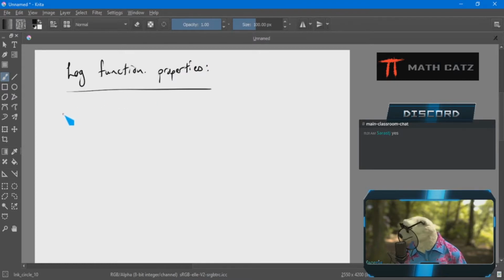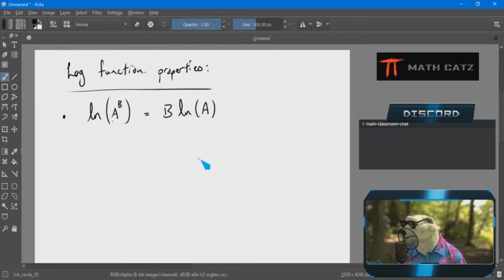Now, if you remember one of the properties, I'll just write it for the natural log function, since that's what we mainly need it for. If I have the natural log of a to the power of b, and those two, a and b, could be very complicated or just numbers, then, interestingly enough, I have that equivalent to the natural log of b, the exponent that was inside the log previously, times the natural log of just a.